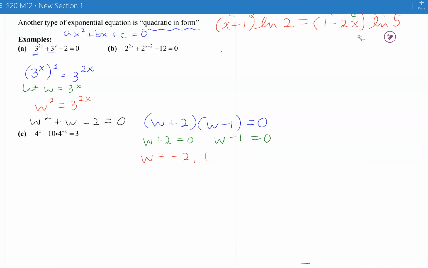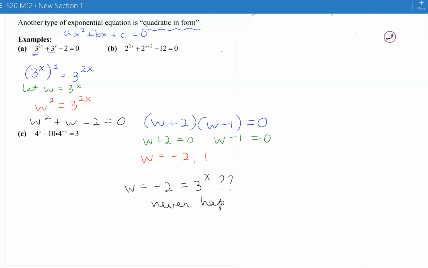So now look for a minute at what we had w equal to. And if we look at w equals -2 and say, does that ever equal 3 to the x? And this never happens. 3 to the x is always greater than 0.